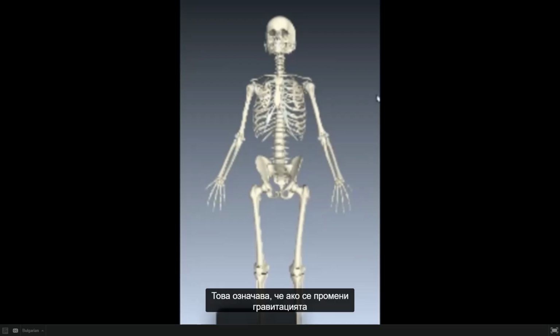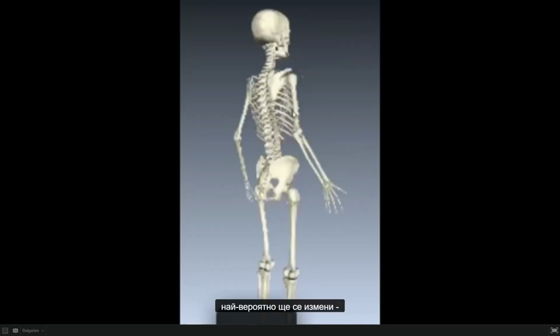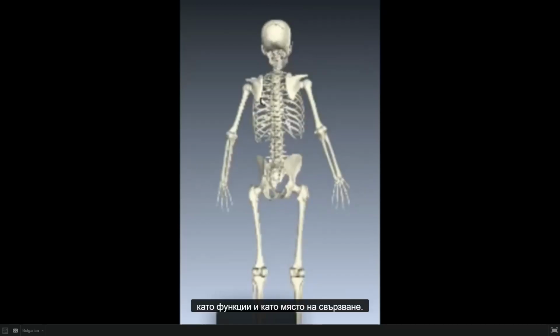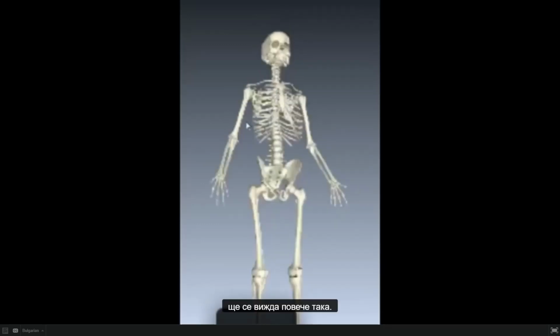That means if you change the gravity or electromagnetic field, everything you see in this 3D model will probably change, in function and in the place where bones connect to each other. Okay, then what I want to show you, to be more visible like this.